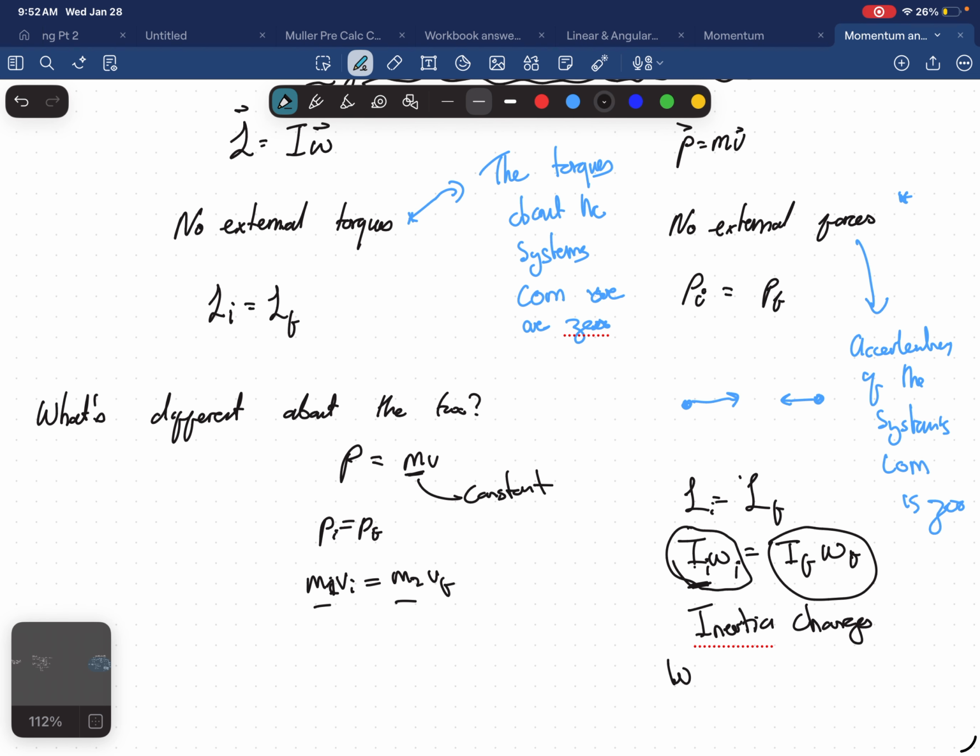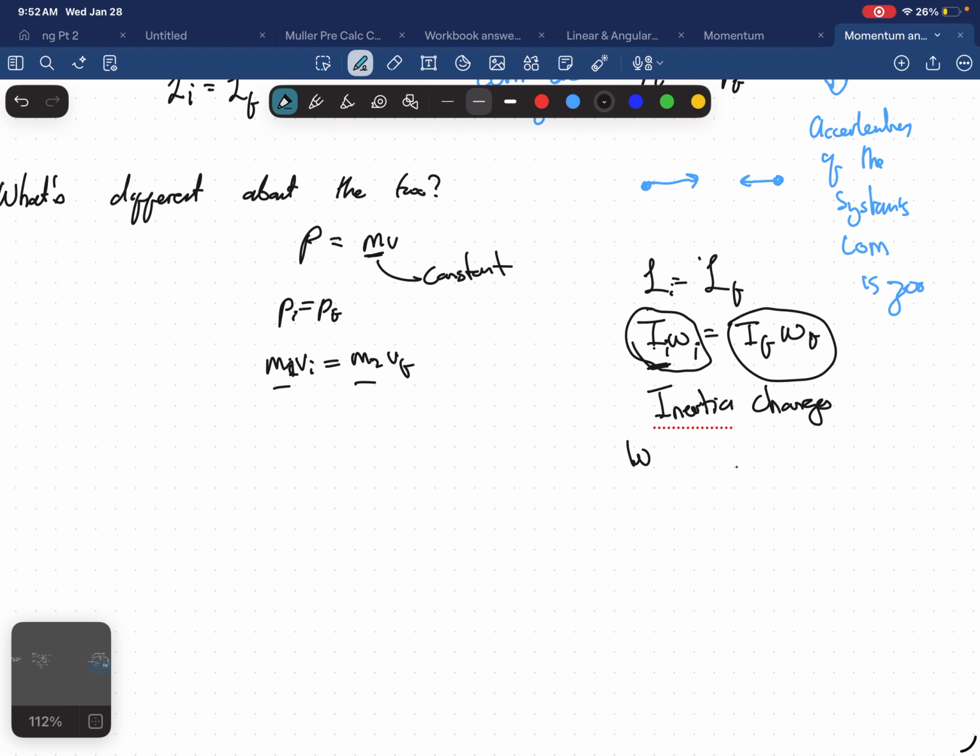Actually, let me derive this for you really quick. We know L is I times omega. I can divide by I to get the relationship between angular velocity and inertia, and I can see that my angular velocity is inversely proportional to my inertia. So what does this mean?